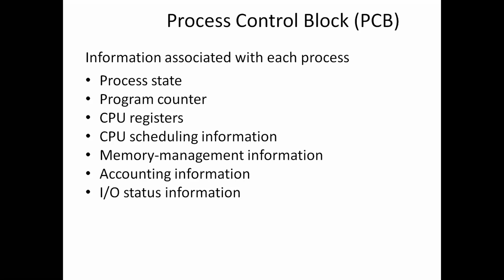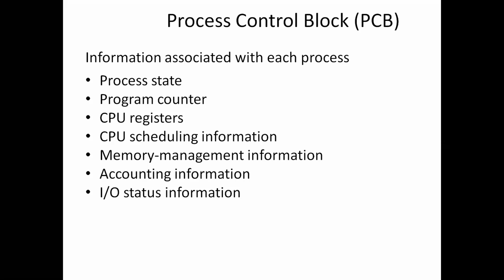Next one is memory management information. This information may include the value of base and limit registers, or page table information, segment table information, depending on the memory system used by the operating system. That memory management information will be held by this.